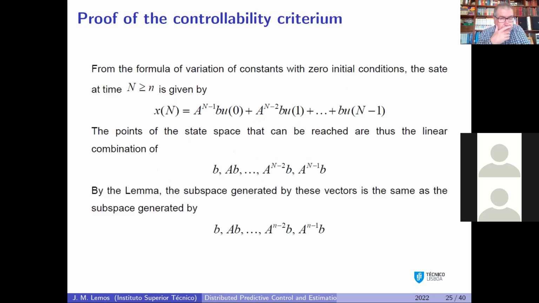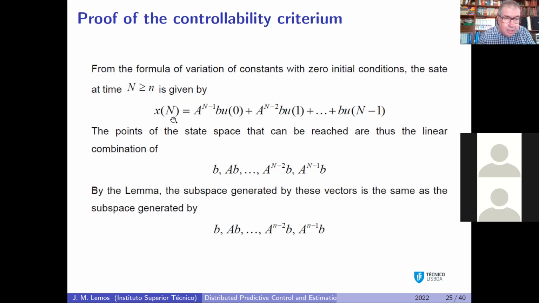Now suppose that you start from the origin and you iterate your model. So your x_N will be, we have deduced this formula already, where N can be as large as you want, provided it is larger than or equal to the order of the system. What does it mean?